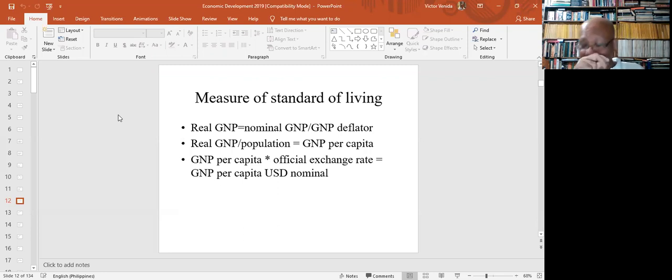So if you use nominal GNP or GNP at current prices, you will notice that the GNP from 2020 is always much higher than in 2010 or 2000 because price levels increase over time. Okay, that is an indicator of a growing economy.